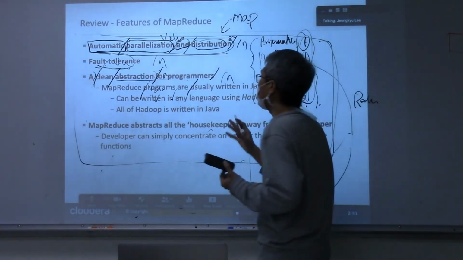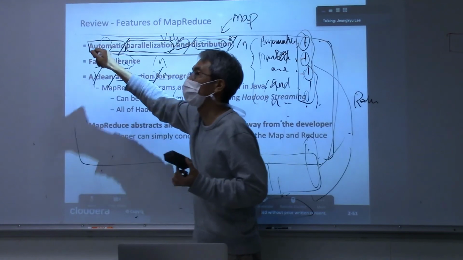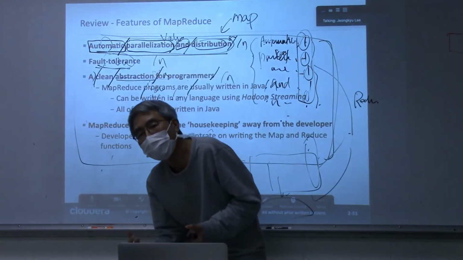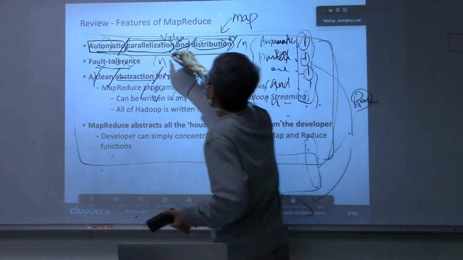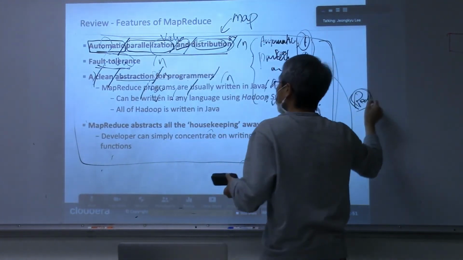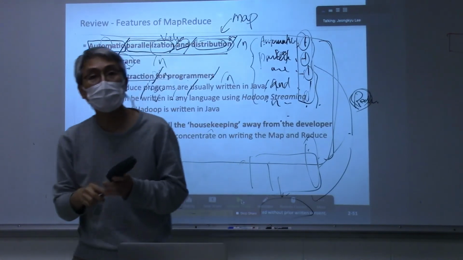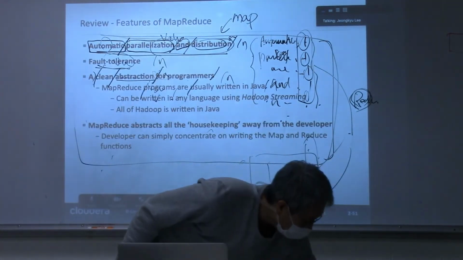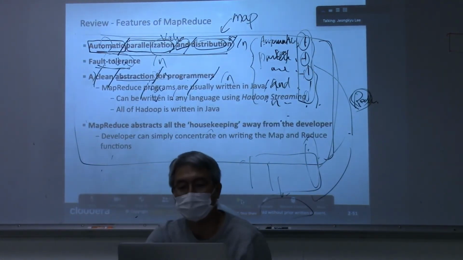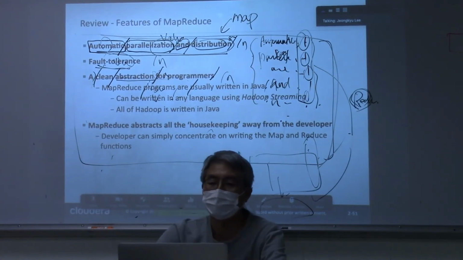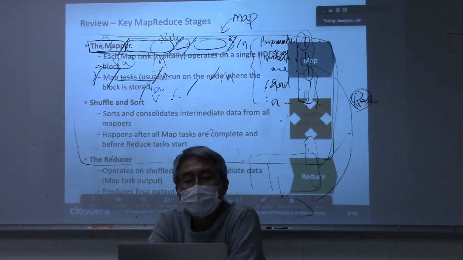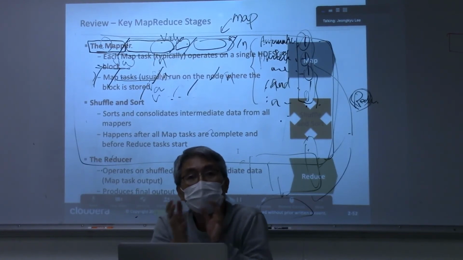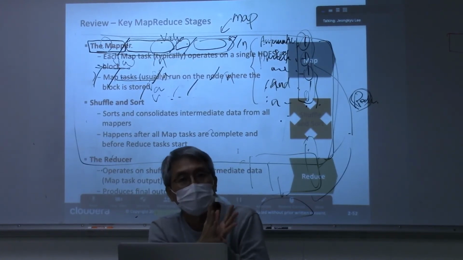So what you're going to do is design how to eventually solve the problem from the map and finally reduce. So that is the key-value design. We will see more details of such an example. The mapper typically operates on a single HDFS block.